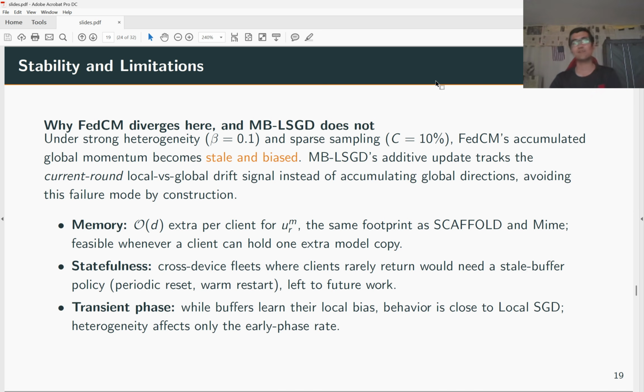The method is stateful, so in cross-device fleets where a client may show up only once, you'd need a stale buffer policy. Periodic reset, warm restart, which we leave to future work. And during the transient phase, while buffers are still learning, the behavior is close to plain local stochastic gradient.